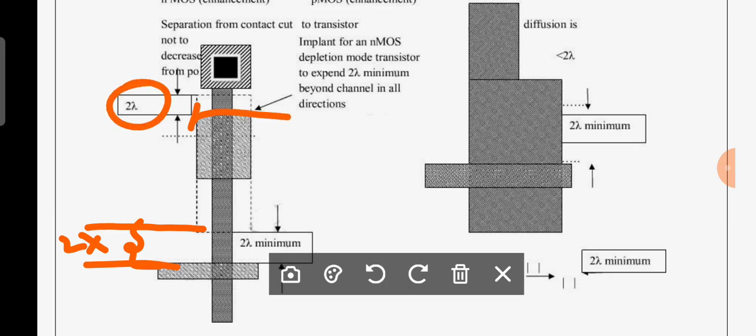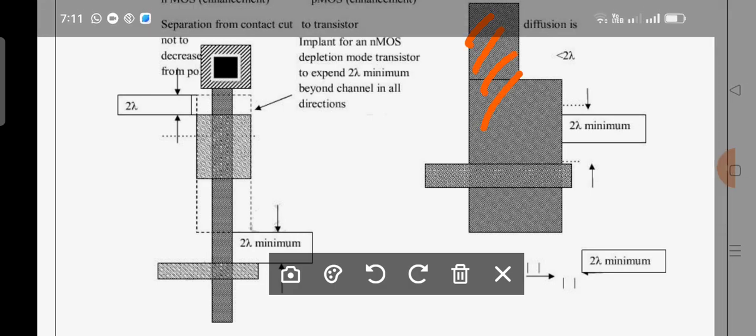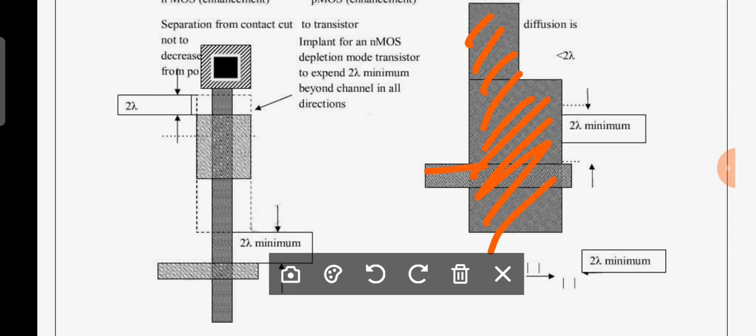This is one more rule, which is not pictorially shown here. When you have a diffusion like this and a polysilicon like this, the boundaries of the polysilicon should be a minimum of 2 lambda.